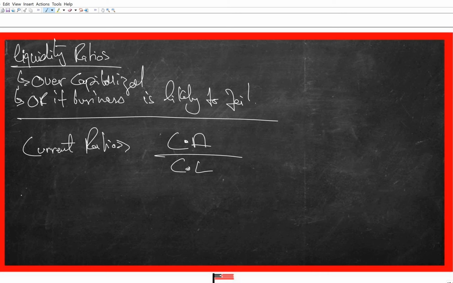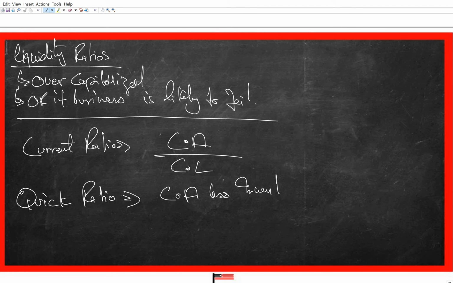Then we have the quick ratio, which is current assets less inventories divided by current liabilities. The quick ratio helps us assess whether, except for inventories, we have enough current assets to pay off our current liabilities.